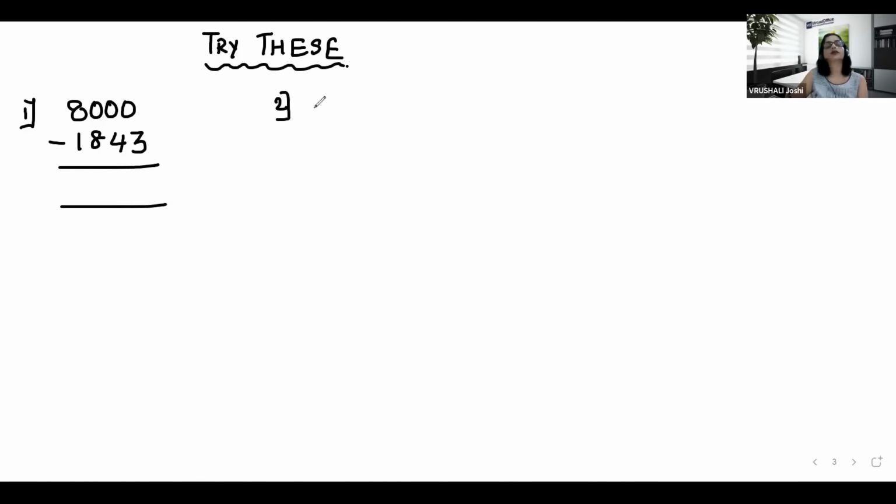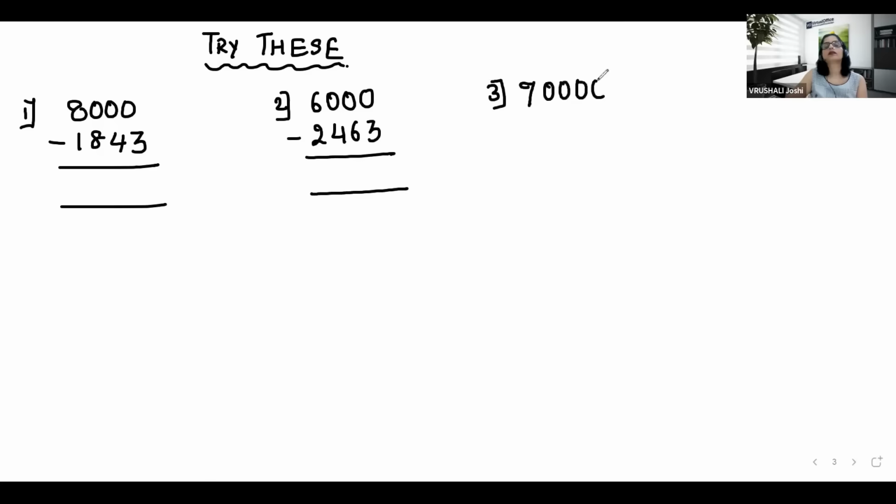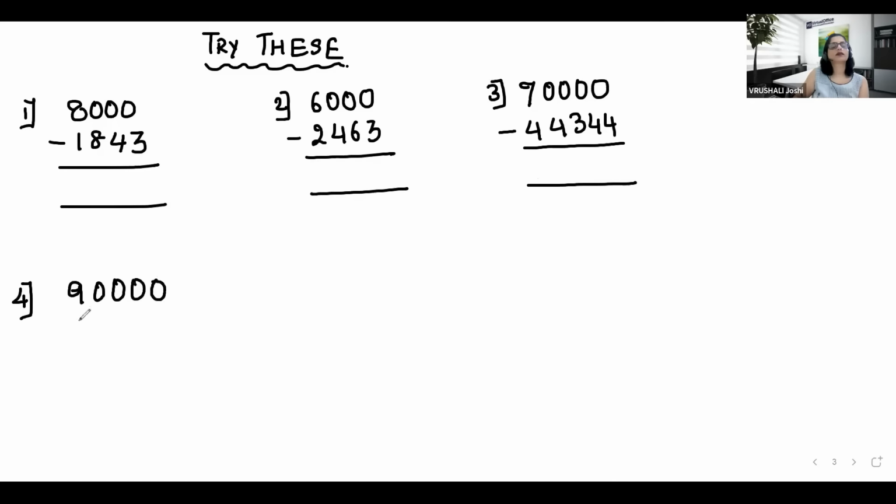You have to do them in the book. Miss, the third one, it is 70,000, right? Yes, it is 70,000.